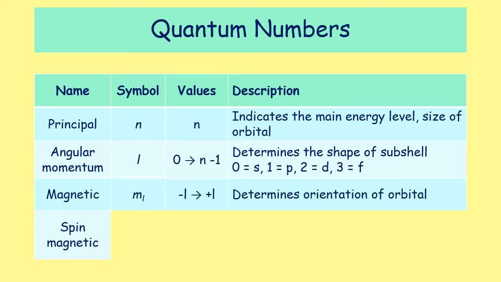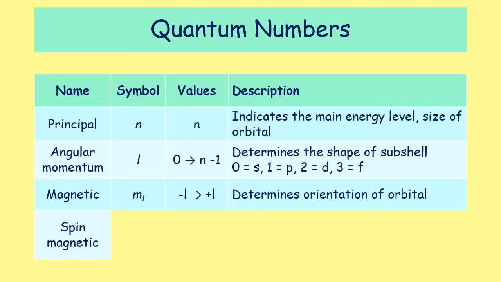So the symbol for the magnetic quantum number is a letter m with a subscript lowercase l, which helps you remember that the magnetic quantum number is related to the angular momentum quantum number. Now the values you can get for a magnetic quantum number go from whatever your angular momentum was as a negative number, through 0, to positive l.